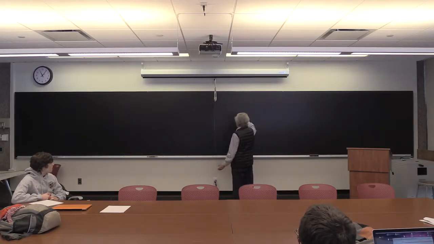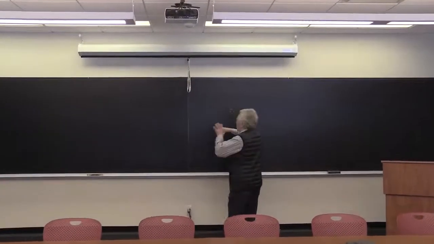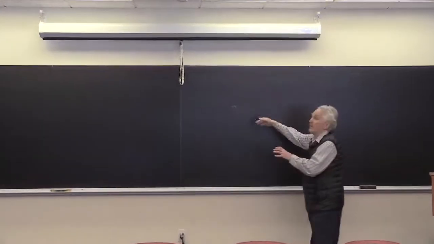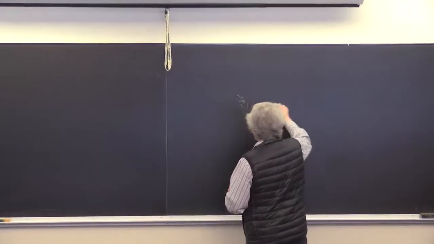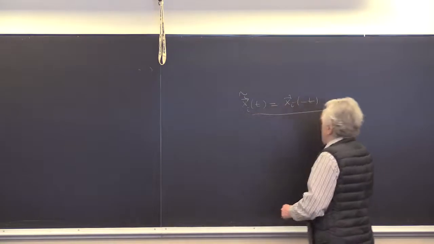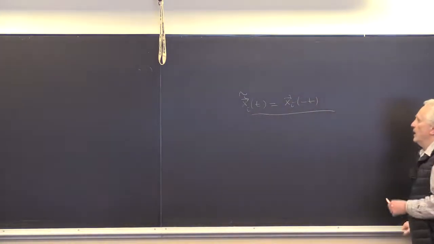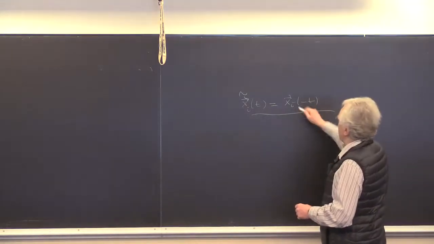Basically, in the case of time reversal, we said that if we have a particular solution for a dynamical system, a particular solution of the Newton equation, we can form a new solution by changing the argument, and x tilde will satisfy the same Newton equation as does x.